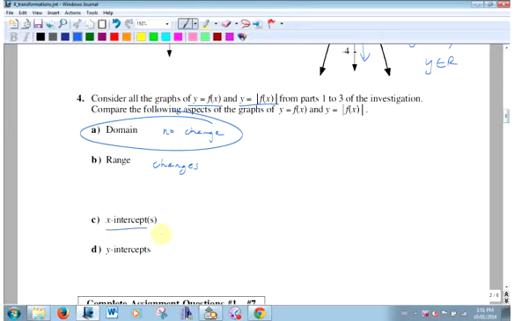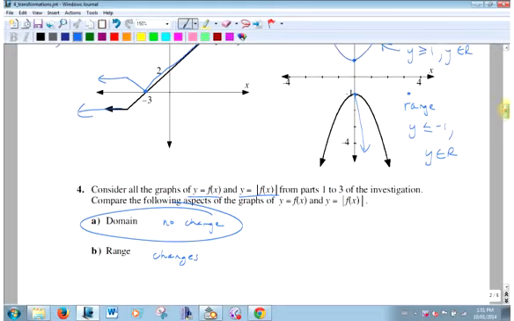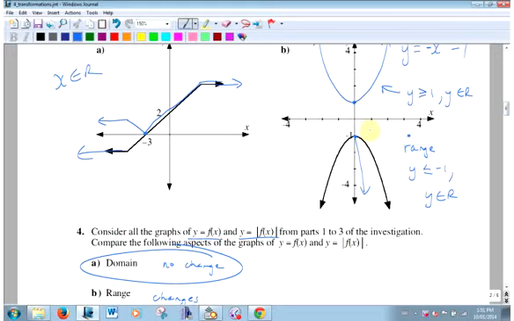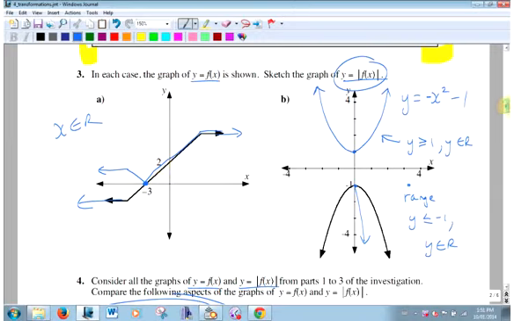What happens with the x-intercepts when I take a function and then take the absolute value of it? This one doesn't have any, so we can't really look there. This is an x-intercept. Did it change when I took the absolute value? No, it's still there. It doesn't cross it, but if it touches it, that's still considered an x-intercept.